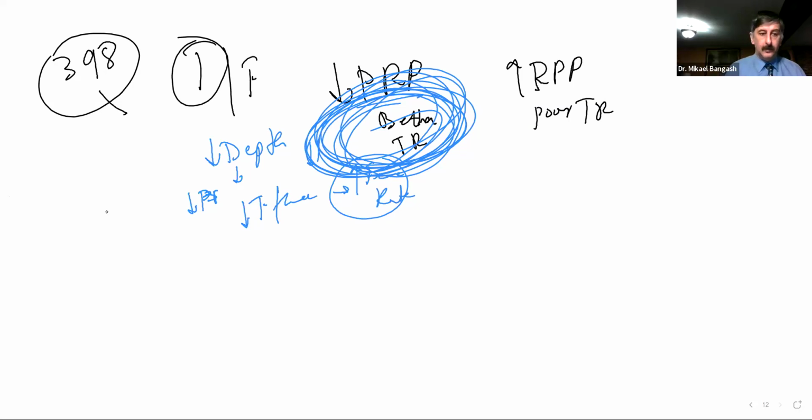The remaining point is that a low PRP will have a greater PRF, and likewise the other will have a lower PRF.